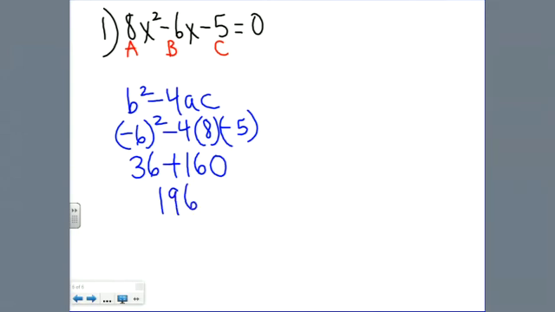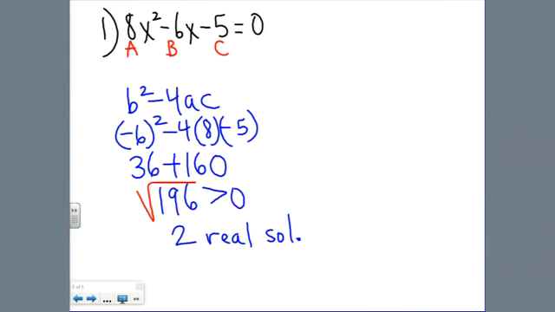Now, because our discriminant is greater than 0, then we should expect two real solutions. Now, how we know if we can factor this trinomial or we have to use the quadratic formula is look at the value of your discriminant.